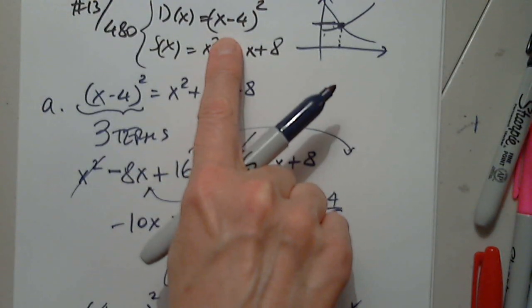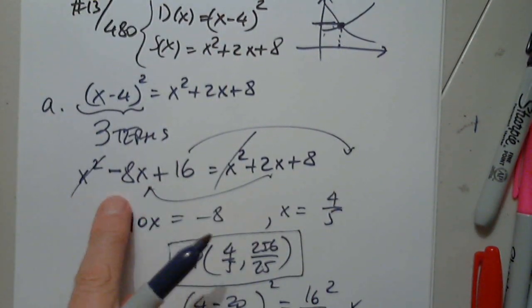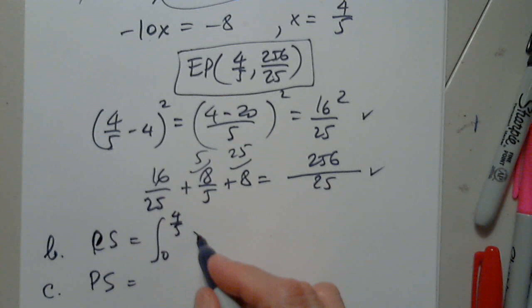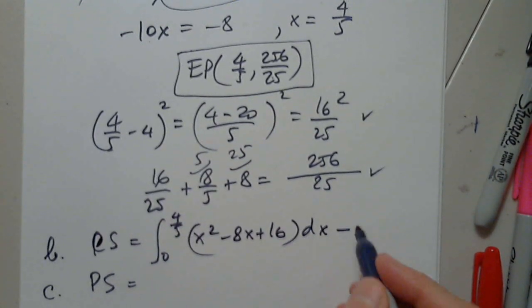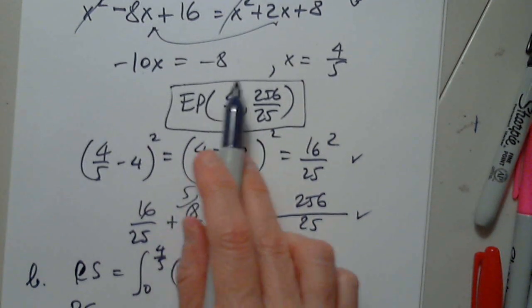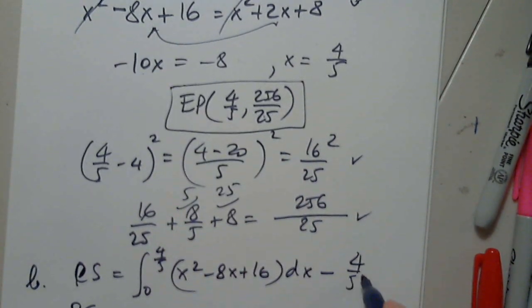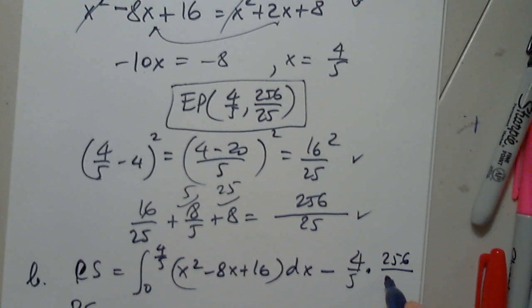from the demand function, but I'm going to write it like this. D x dx minus this product, 4/5 multiplied by 256 over 25.